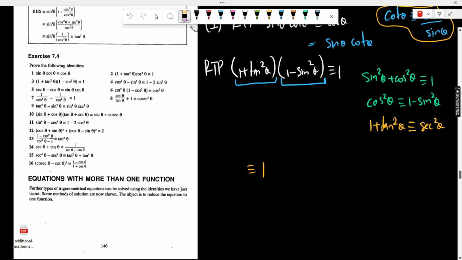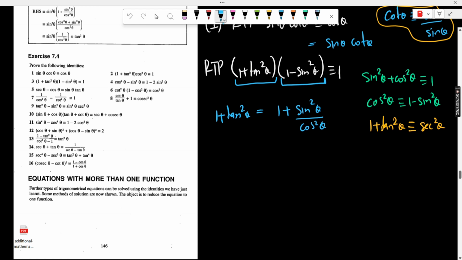So what I'm going to say is this. All right. So watch this now. I would basically say that 1 plus tan square theta is the same thing as 1 plus sine square theta over cos square theta.